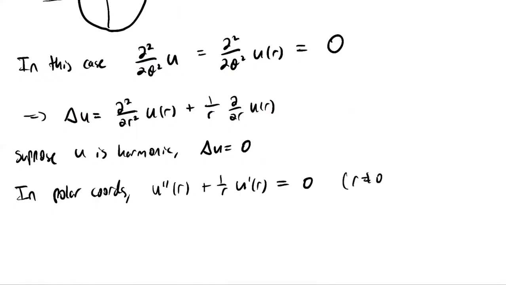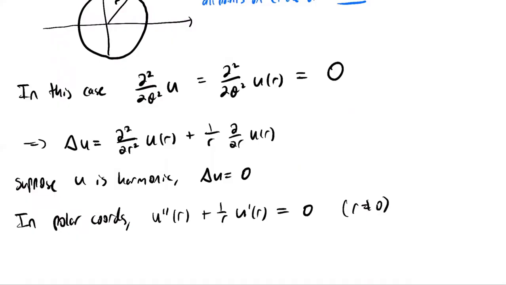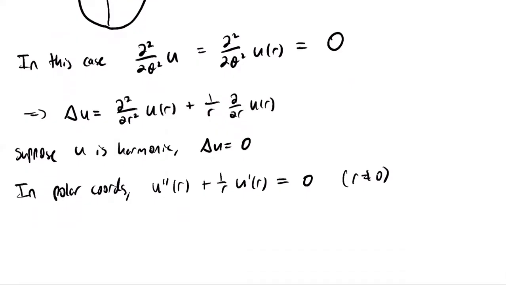Well, let's suppose r is not equal to 0, because if r is equal to 0, we're just at the origin, and let's just exclude that point for now. I mean, this formula is really only valid when r is not equal to 0 anyway, because otherwise this would be infinite. So we can assume r is not equal to 0, otherwise the formula doesn't make sense.